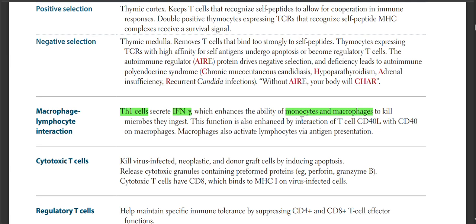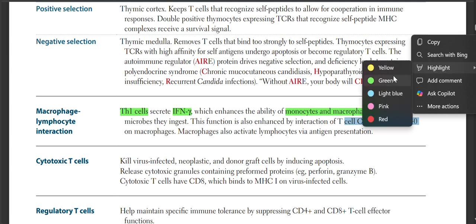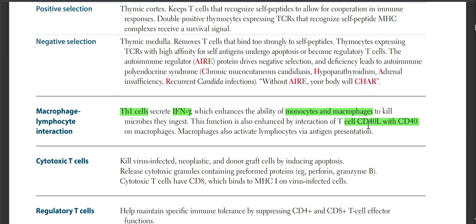Now, sometimes even after a macrophage has been activated by interferon gamma, it can be, in air quotes, supercharged. That means it will be much more active, and this can be done if the T cell binds CD40 on the macrophage. So what does CD40L and CD40 on macrophages mean? Basically, there is a molecule on the T cells called CD40L, which is a ligand.